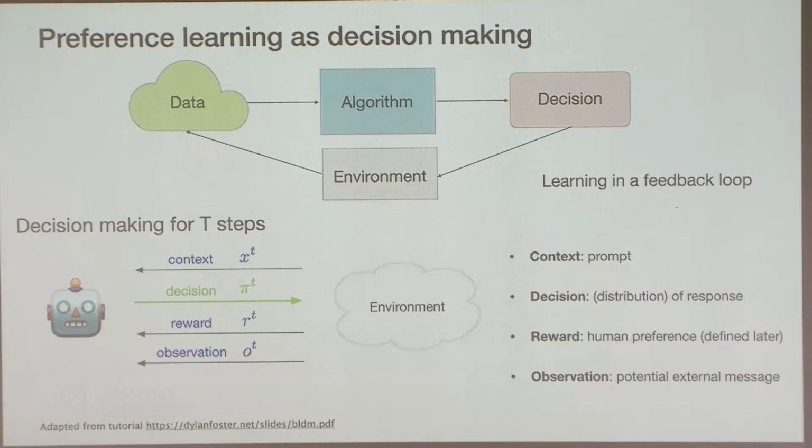To connect with the language model, the context here is just the prompt, the decision is a distribution of a response, and the reward is related to the human preference, which will be defined later. The observation is like some potential external message. In many cases it's empty, but we will also talk about some examples where the external message can be non-empty.